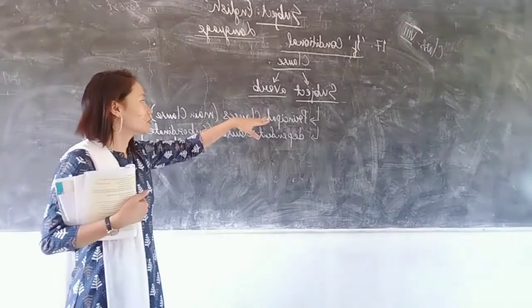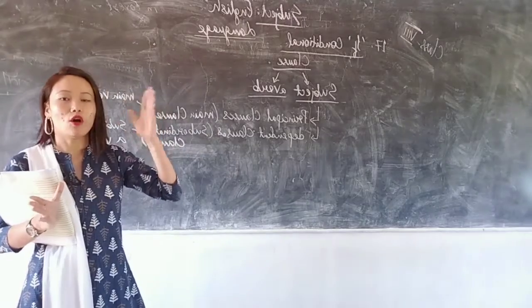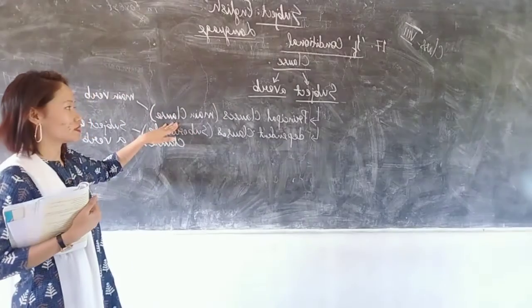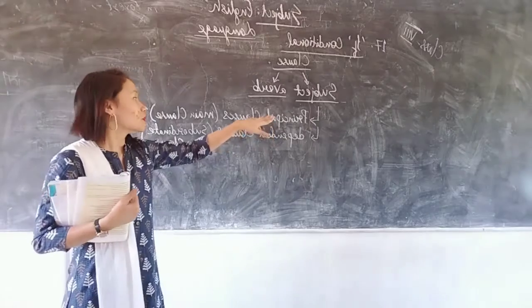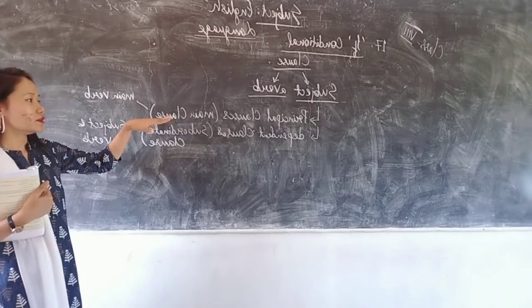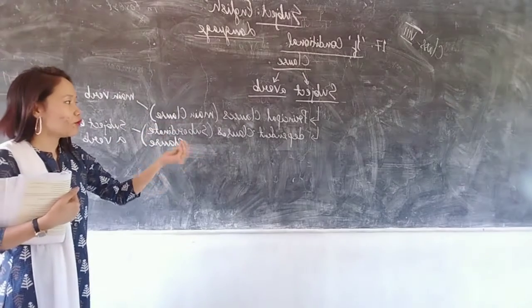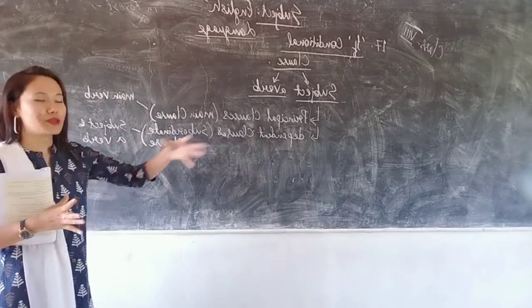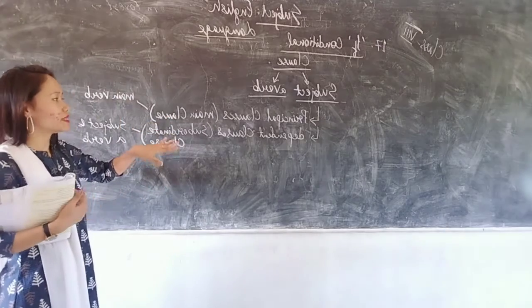When you hear about principal clauses, the word principal means head or main, so main clause is another name given to the principal clause. A principal clause is basically independent. It does not need the support of other words to frame a complete sentence. It itself is a complete sentence.